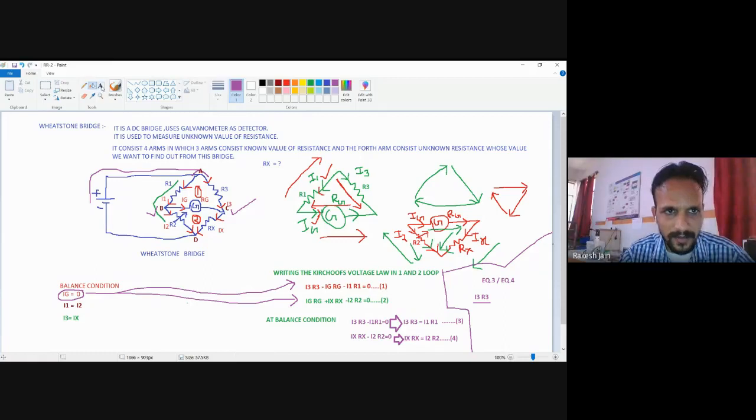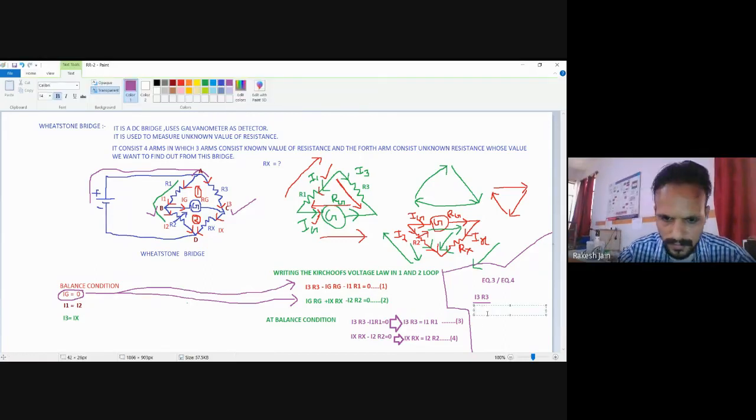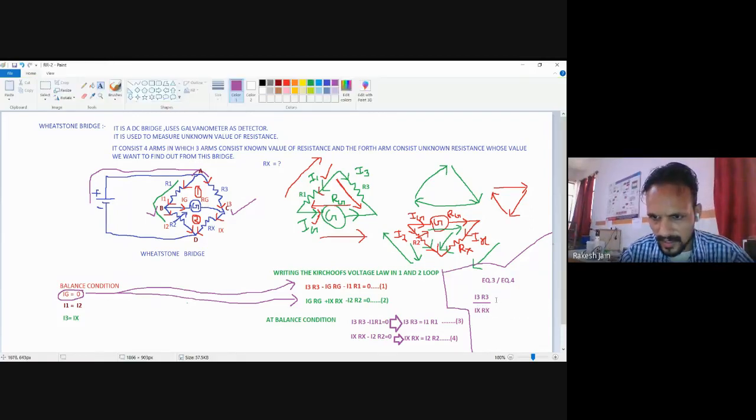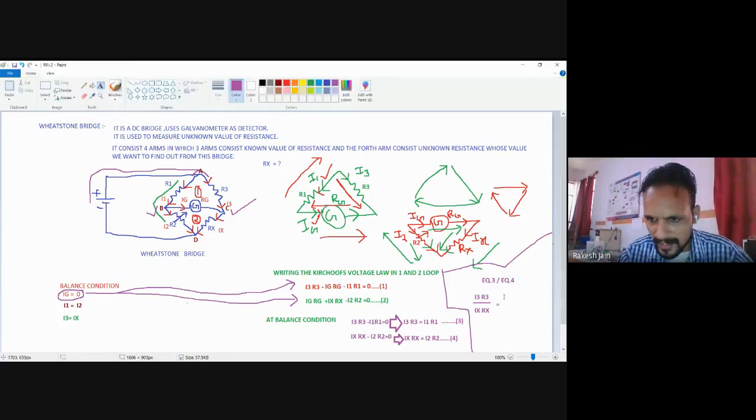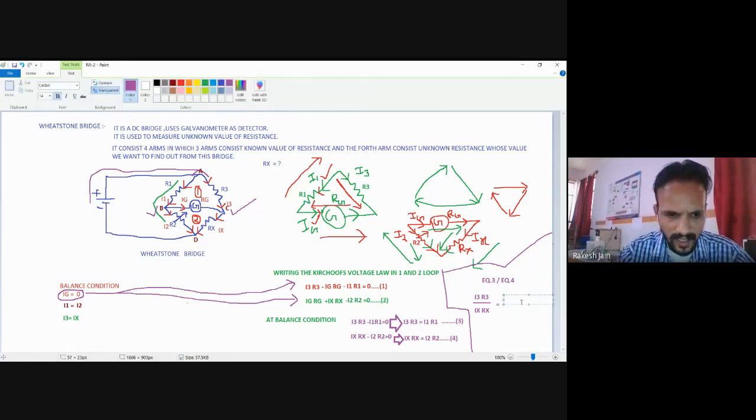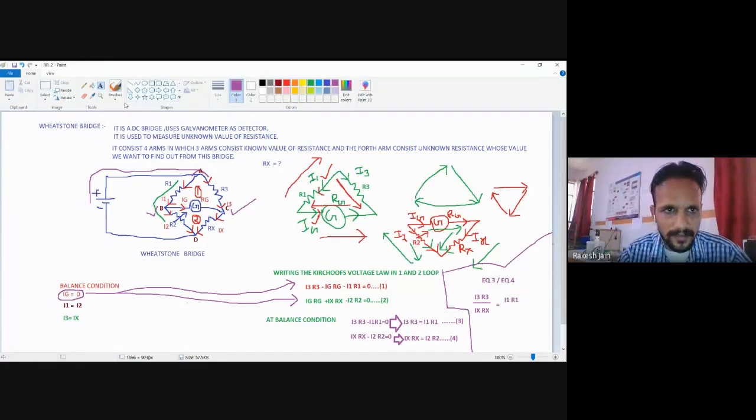The left hand side will be divided by the left hand side, that is equal to the right hand side divided by the right hand side. So I1 R1 divided by I2 R2.